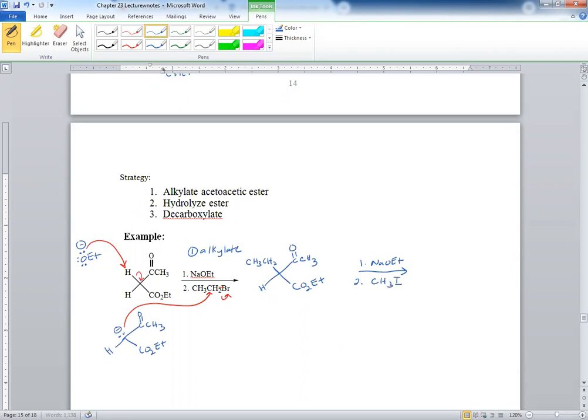You know that this will be deprotonated, making a negative charge just like that, and then attacking the CH3I, kicking the I out.